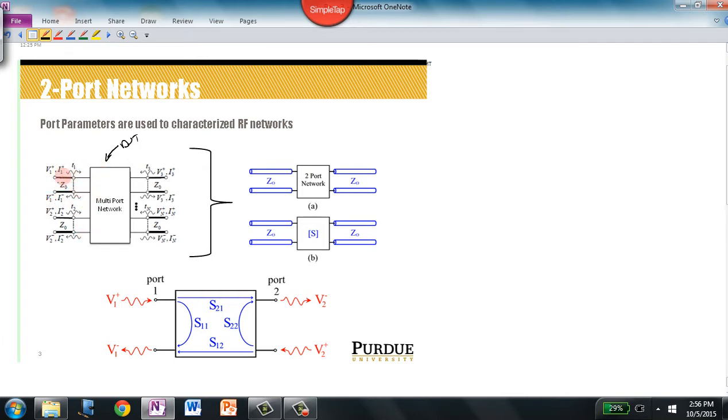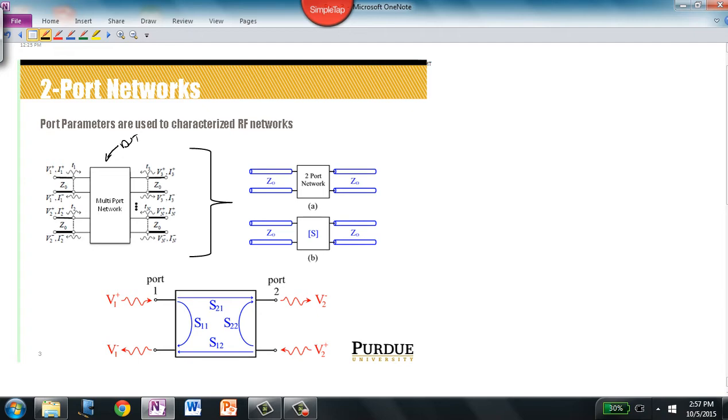That is the definition of a port. So when using network parameters, we can fully describe the functionality of the circuit under analysis using fixed mathematical relationships between all the different ports. This means that if we know the port parameters that describe this network, we don't need to know anything about the physical circuitry inside of the network, and that's pretty handy.